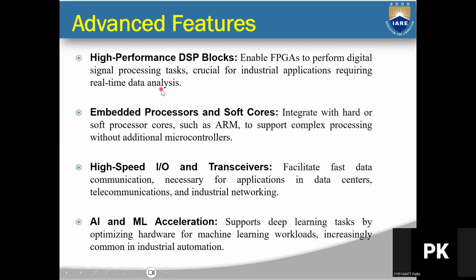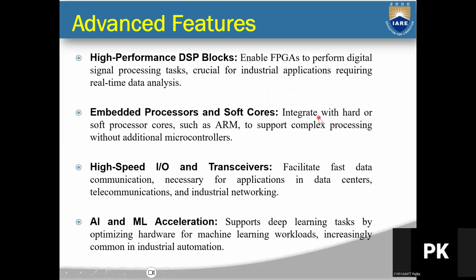So let's know the advanced features of FPGA, because that's the main topic of our presentation. First, high performance DSP blocks. This enables FPGAs to perform digital signal processing tasks crucial for industrial applications which require real-time data analysis. The second one is embedded processors and support.